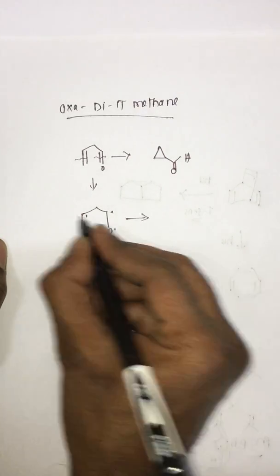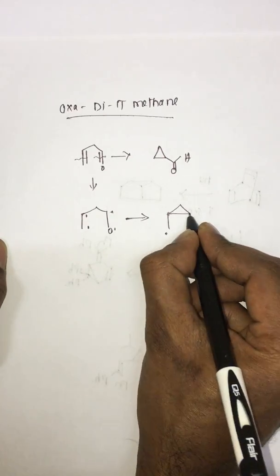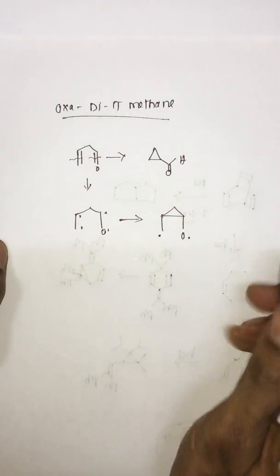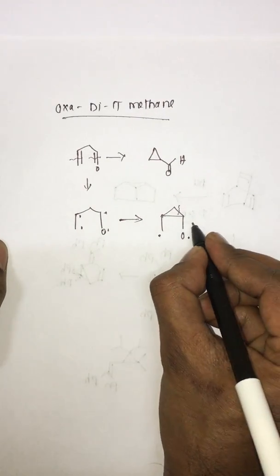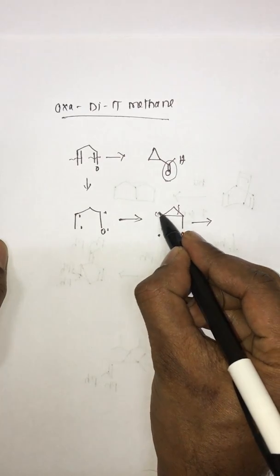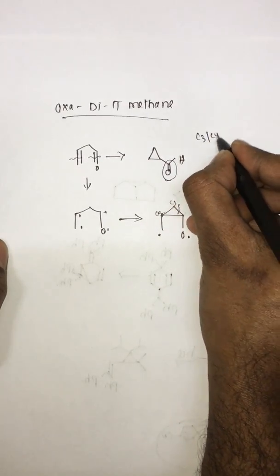Radical comes first, then the C2-C4 bond forms, and here the cleavage is only one cleavage, that is C3-C4, because we have to regenerate the carbonyl character. So we cannot do a C2-C3 cleavage. Only possible here is C3-C4 cleavage.